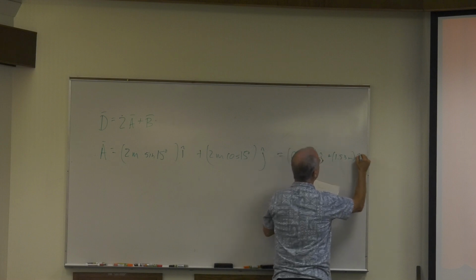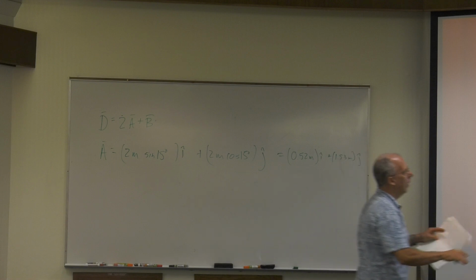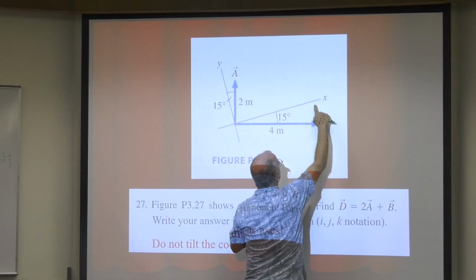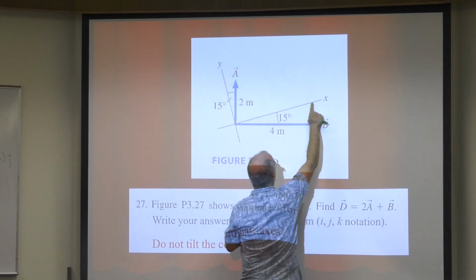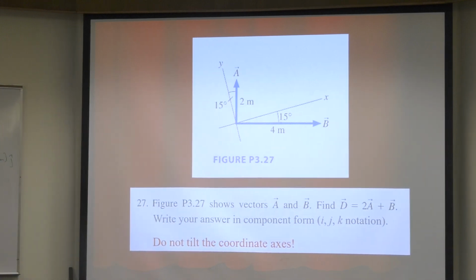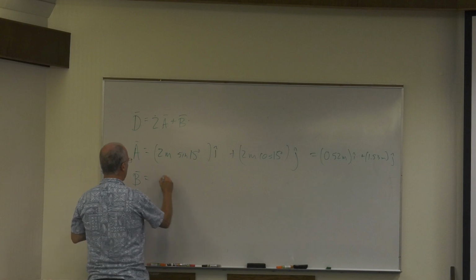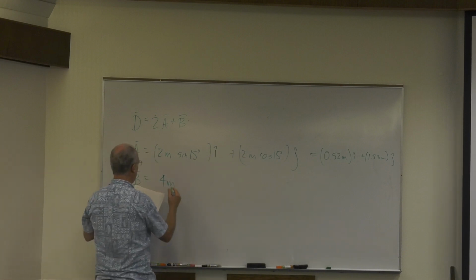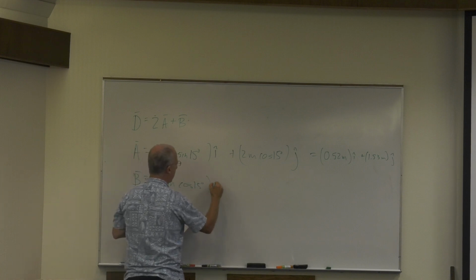in the j direction. All right, how about B? This is the Bx, positive. By is going to be negative, or negative j, so this is cosine, that's sine. So vector B is 4 meters times cosine 15 in the i direction.